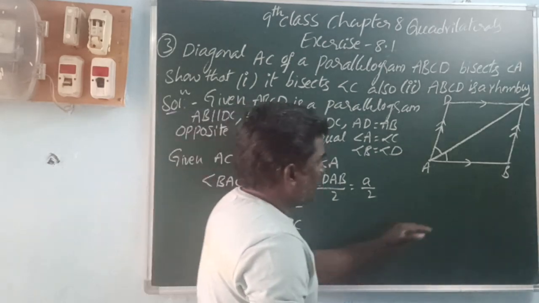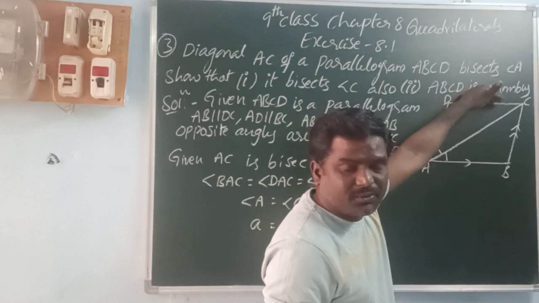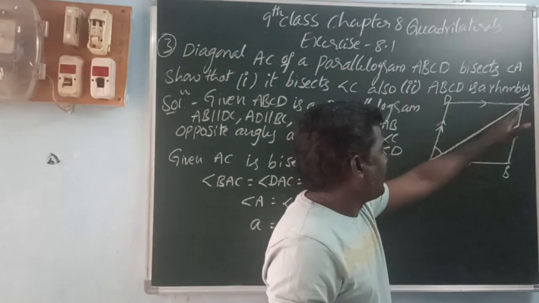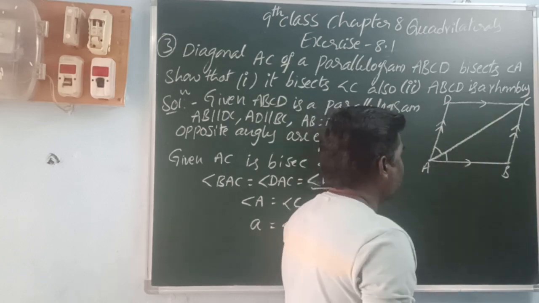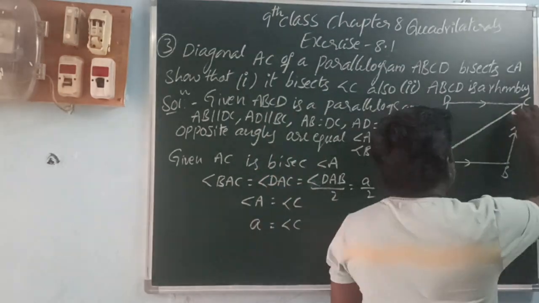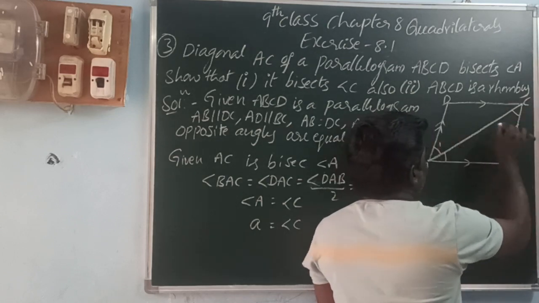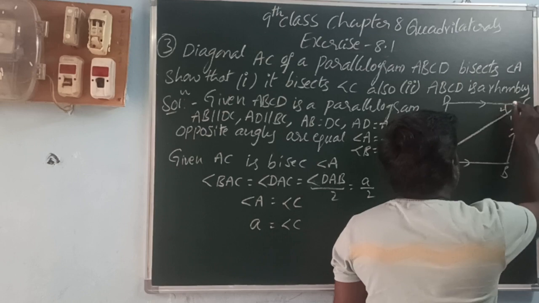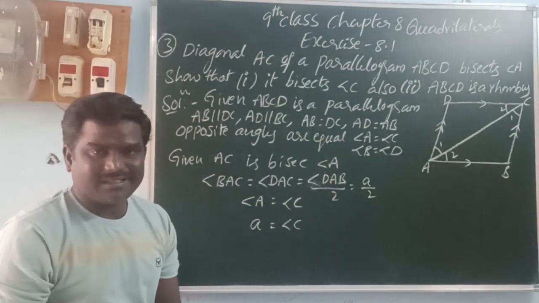Okay. So here AB is parallel to DC, and AC is a transversal line. When AC is a transversal line, then alternate interior angles are equal. So this angle and this angle are equal, and next, this angle and this angle are equal.